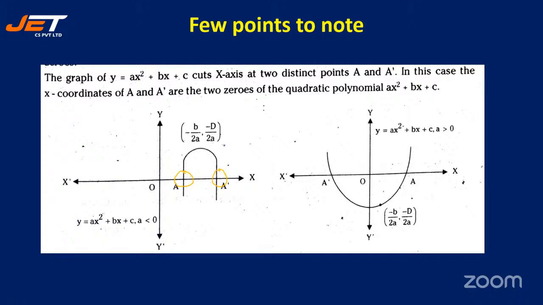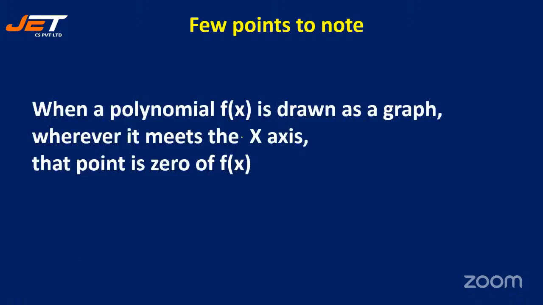In this case, the x coordinates of a and a dash are the two zeros of the quadratic polynomial ax square plus bx plus c. When a polynomial f of x is drawn as a graph, wherever it meets the x-axis, that point is a zero of f of x.